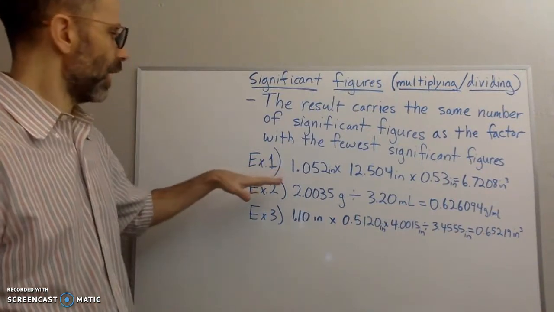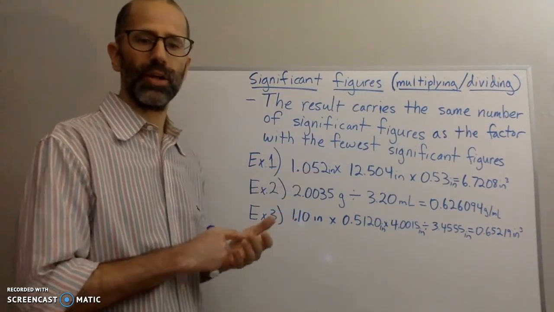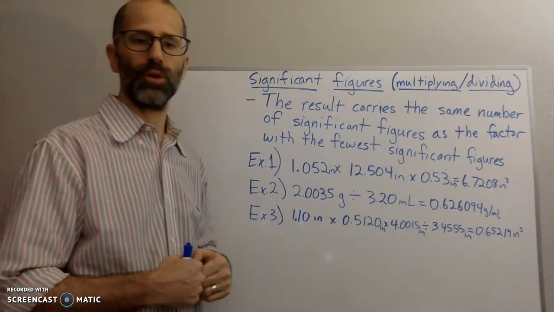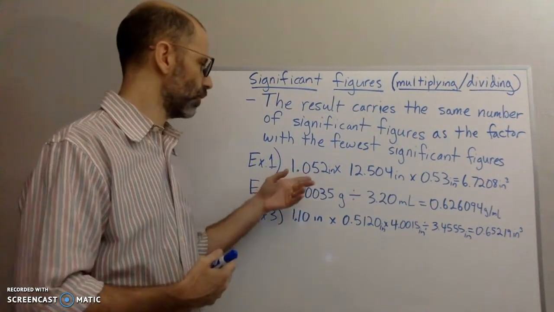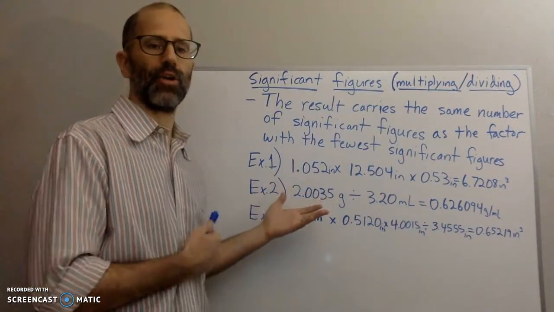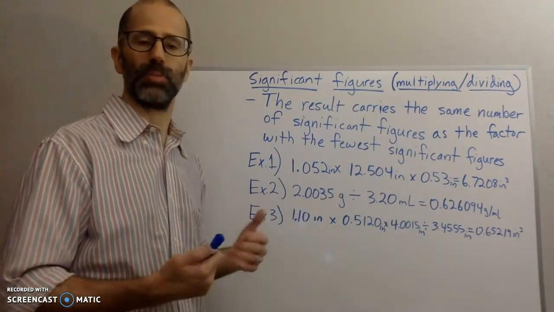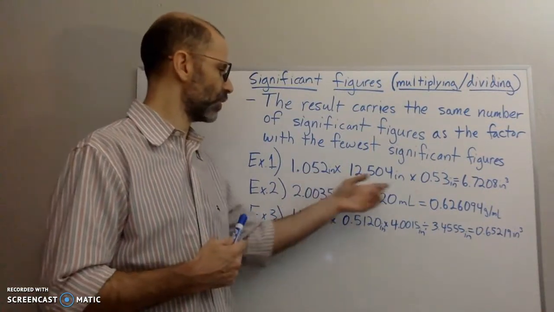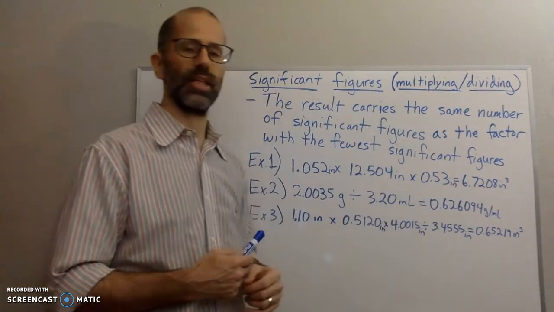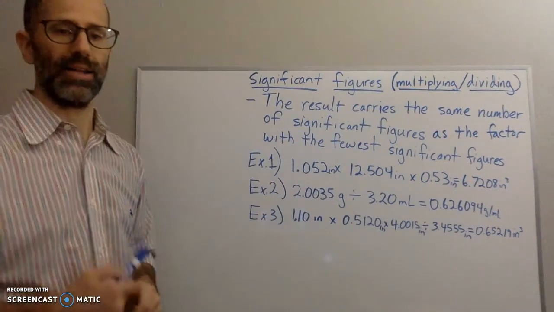So again, you can plug this into your calculator and it'll spit the answer out for you. This is not testing your ability to add and multiply and divide. It's whether or not you know how many digits to keep in your answer on your calculator.